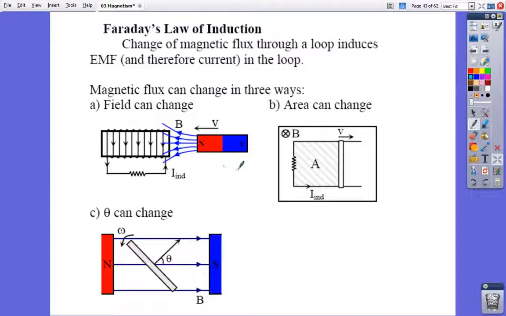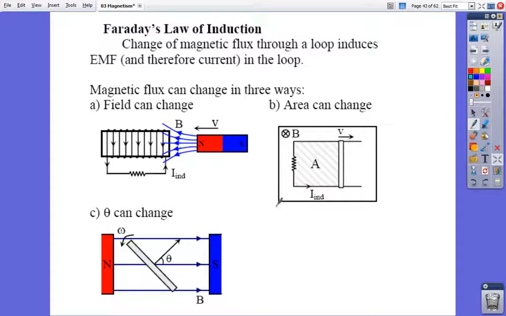The second one, theta can change. So if we have this coil like this, and it is moving in a rotational way, it will change the theta. That means the angle between area of this and the magnetic field is changing. And the third one is the area.